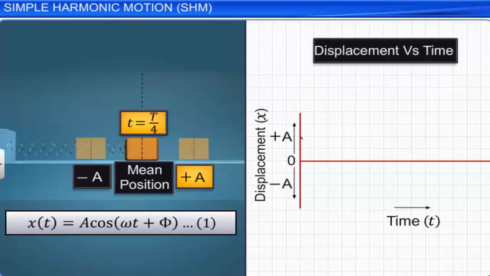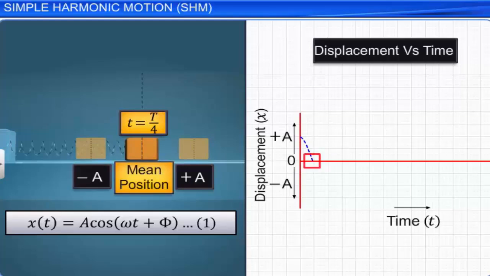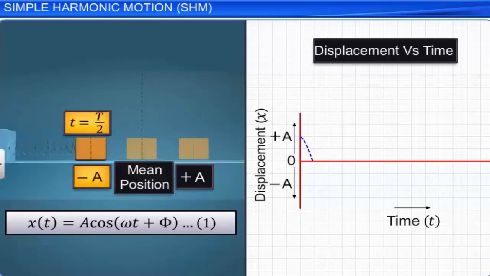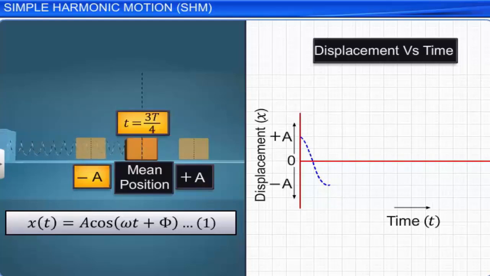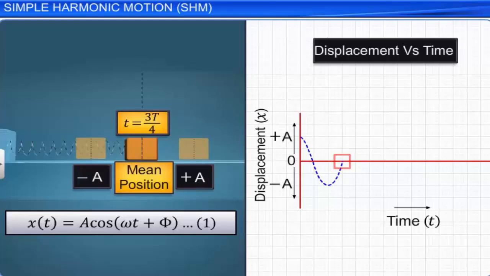For the oscillating particle, when t is equal to T by 2, it is at the left extreme, and when t is equal to 3T by 4, it is again at the mean position. When t is equal to T, it returns to the right extreme position plus A.